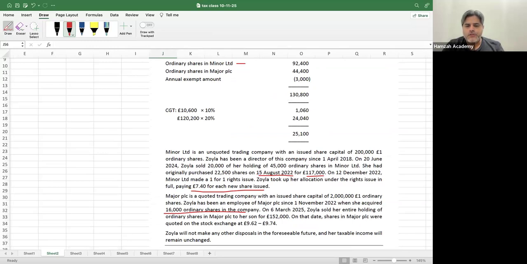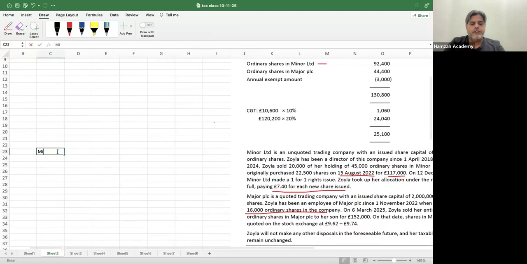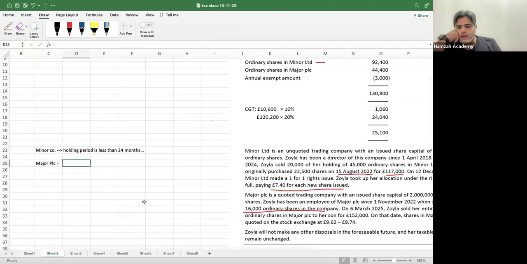So she bought the shares on 15th August and then she sold her shares on 20th June 2024. So 15th August 2023, then 15th August 2024 would have been the complete 2 years, right? So for Minor Limited, the holding period is less than 24 months over here. Number one.